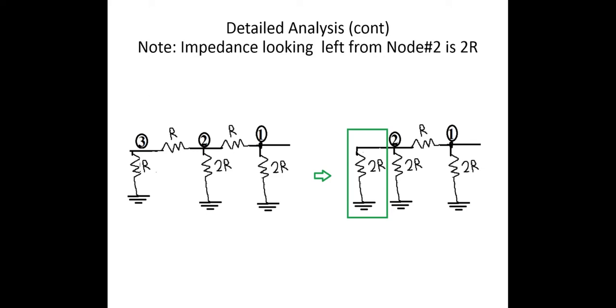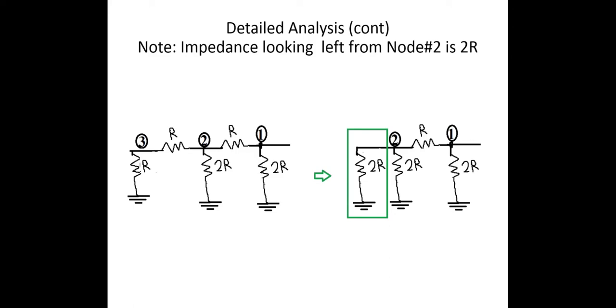So in the previous slide we saw that the resistance seen while looking from node 3 towards left is 2R, and after simplification we have observed that the total resistance seen looking left from node 2 is 2R as well.